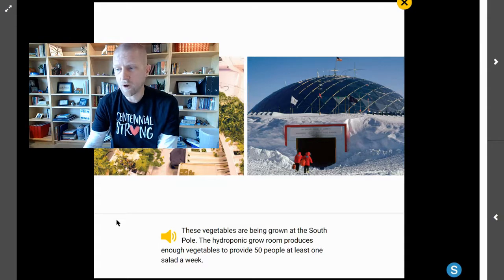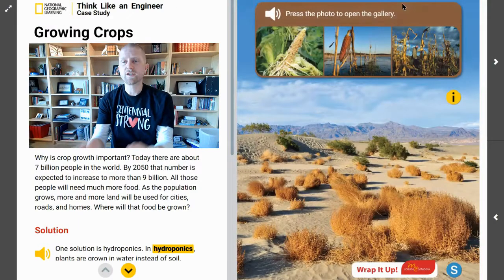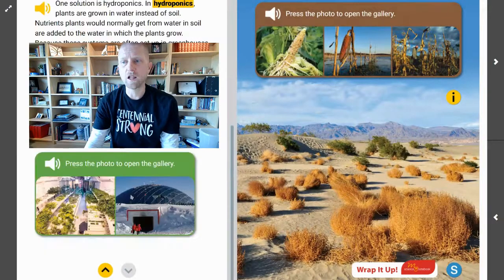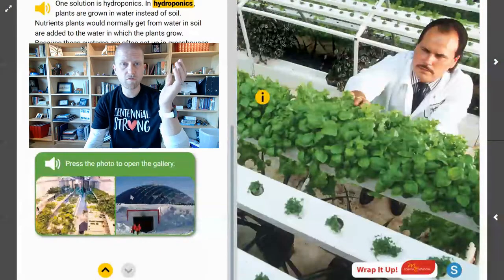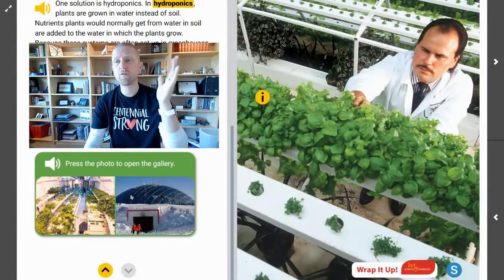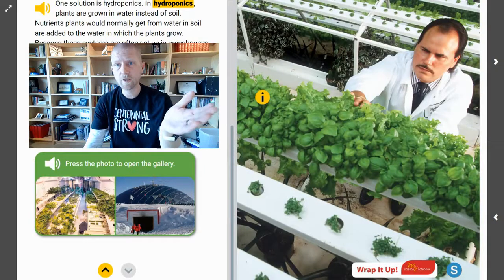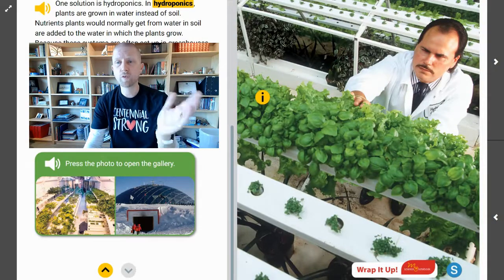The hydroponic grow room produces enough vegetables to feed 50 people at least one salad a week. So this concept of hydroponics allows scientists and farmers to create a system that could produce more food with less impact.